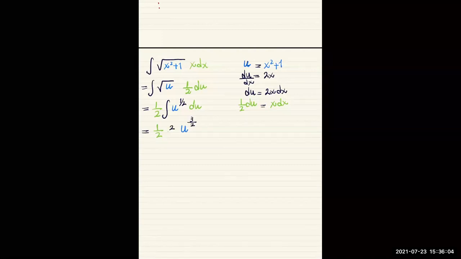Multiply the result by the reciprocal, 2/3, plus the constant. I can get rid of those 2's. I end up with 1/3 u to the power of 3/2 plus c. And again, don't forget to substitute back. u here is x squared plus 1, to the power of 3/2, plus the constant.